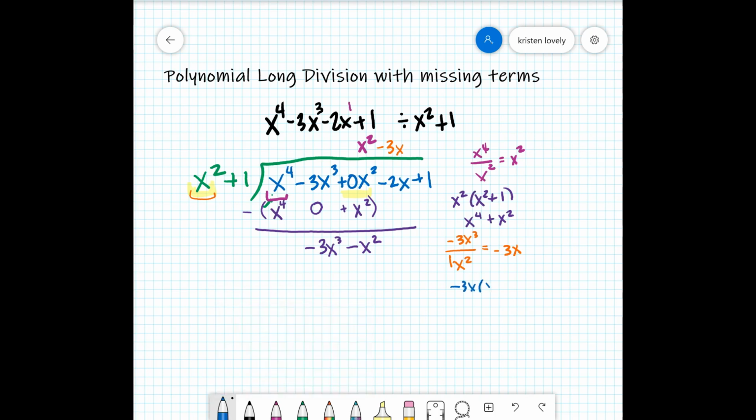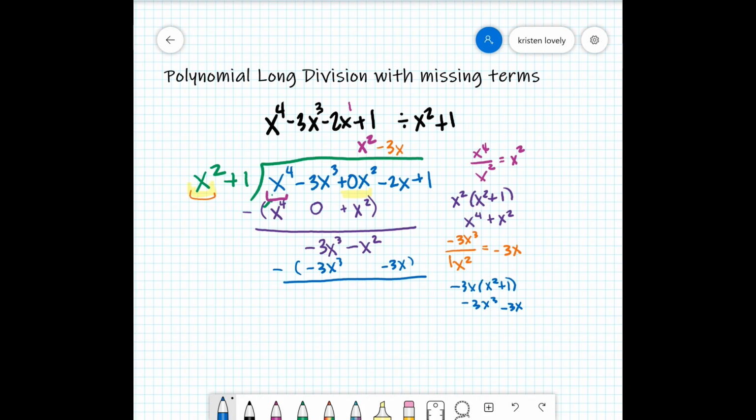Negative 3x times x squared plus 1 is negative 3x cubed minus 3x. Negative 3x cubed. Again, minus 3x, so I'm going to skip this spot and put this over here, because I'm always lining up my terms in the same place.